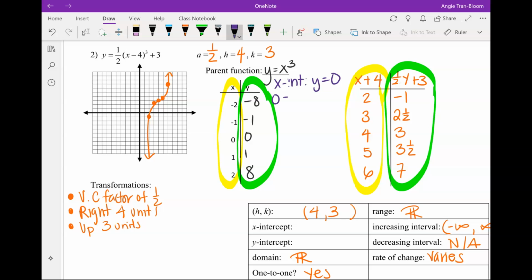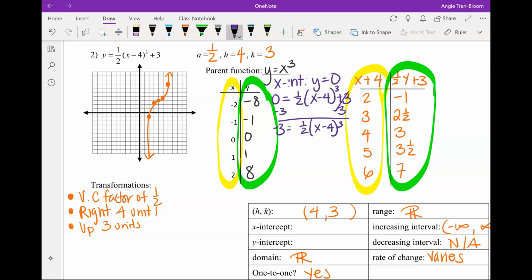So 0 equals 1/2 times (x minus 4) to the third plus 3. Our job is to solve for what? X. First thing, what do we do? Subtract 3 from both sides. So if I subtract 3 from both sides, I now have -3 equals 1/2 times the quantity of x minus 4 to the third.